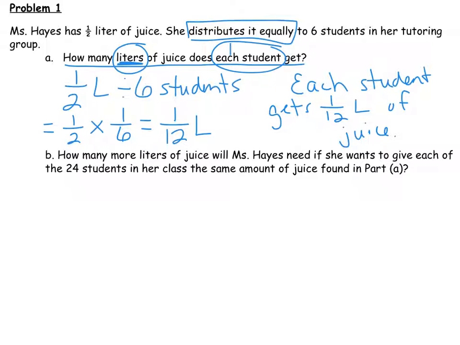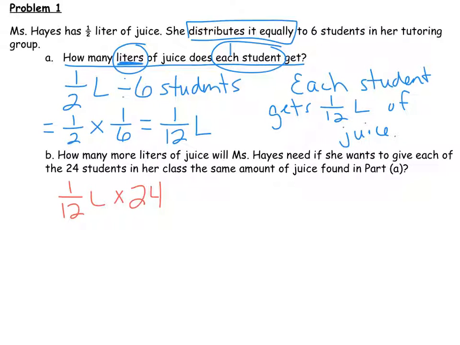Part B. How many more liters of juice will Ms. Hayes need if she wants to give each of the 24 students in her class the same amount of juice found in Part A? Wow. So I have 1/12 of a liter for each student times 24 students.